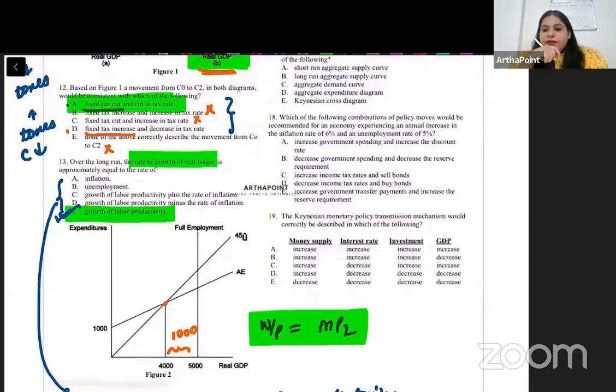Right. So if I have to find out the multiplier, it is usually change in GDP due to change in expenditure, right?